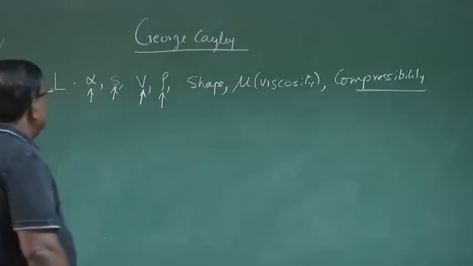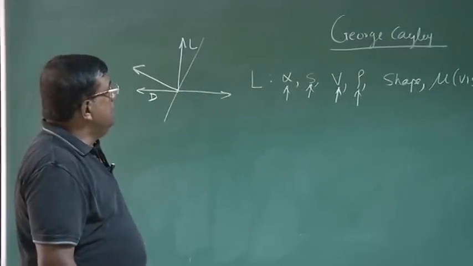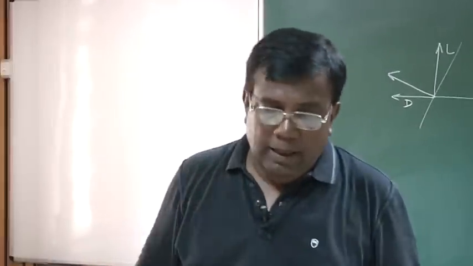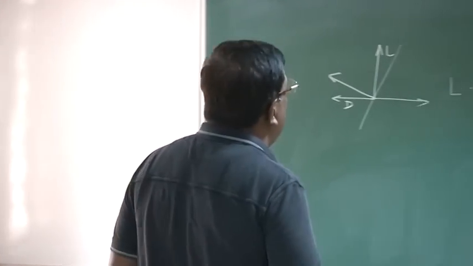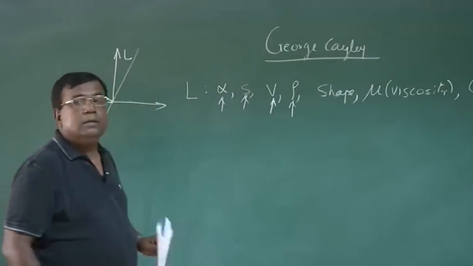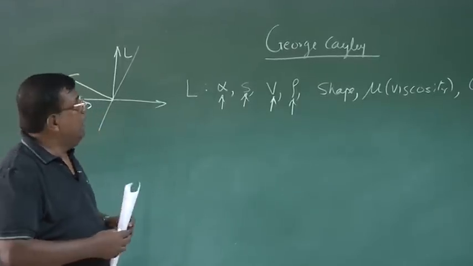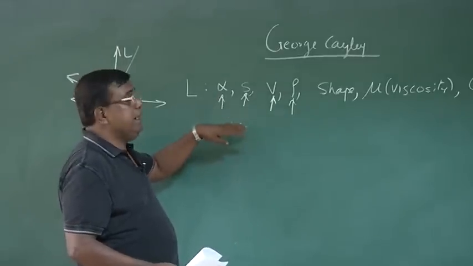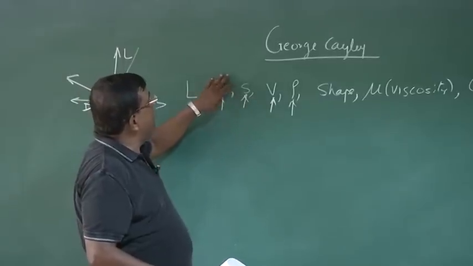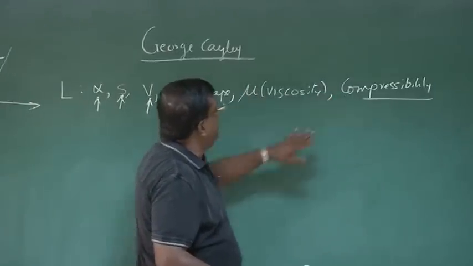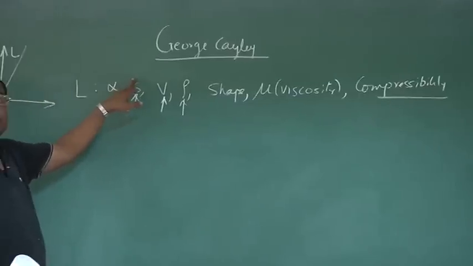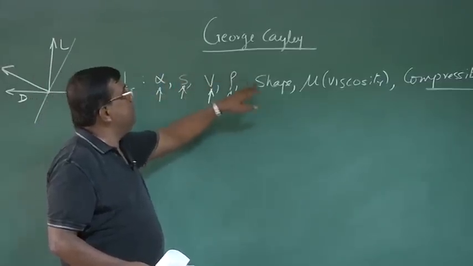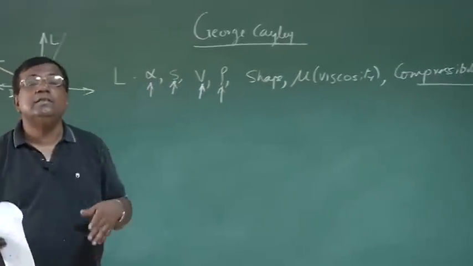Now imagine I want to create a database where I need to know the lift for a given area S. What I have to do is go to a wind tunnel, put that wing, and conduct a test, keeping alpha, V, rho all the same, but changing S. Similarly, if you want to know the effect of V, I will keep the other variables the same and go on changing the speed inside the tunnel.